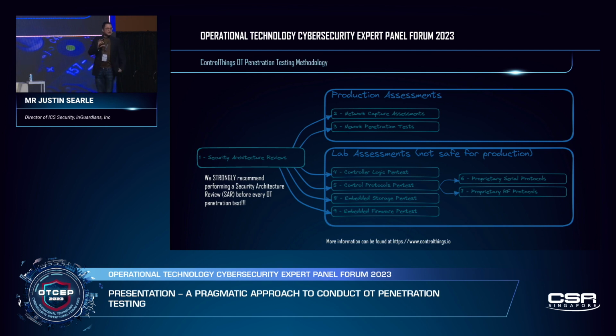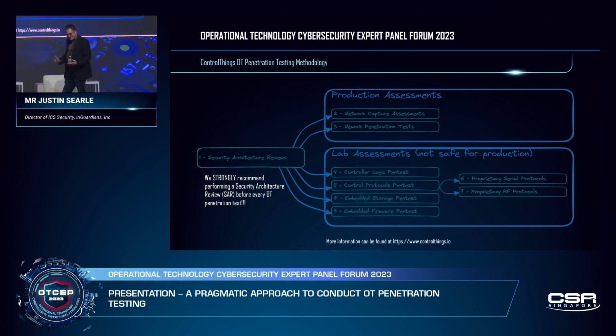We'll talk a little later about when we should do this and how we make this safe for that environment. But when we do these production assessments, we want to make sure that the actions we take are safe for that environment and do not use any destructive techniques, and that we are doing as much due diligence as we possibly can to make sure that we're not going to interfere with production or harm the systems.